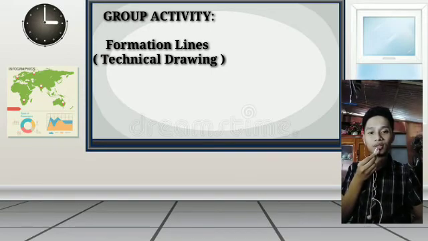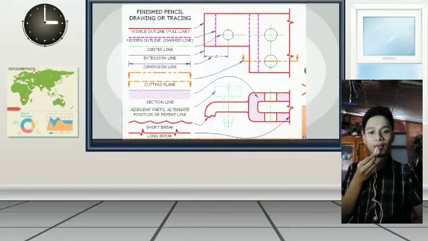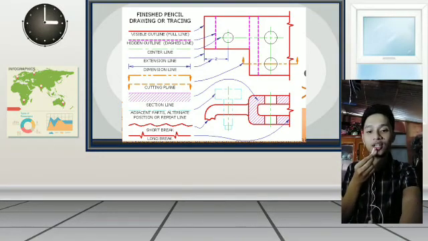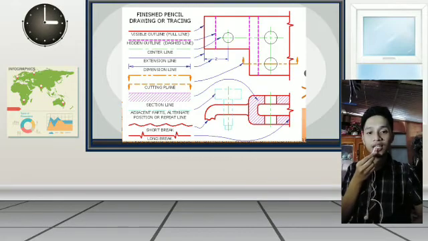The only thing that you do is to create a formation wherein all the basic types of alphabet lines such as visible line, dimension line, center line, or extension line can be seen throughout the formation that you've created. It can be drawing or computerized.